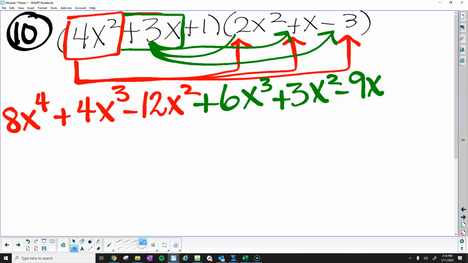One more distribution, and I already ran out of room. Now we're going to do the same thing. We're going to multiply everything by a 1. The sign, nothing changes. You just kind of recopy it when it's a 1.